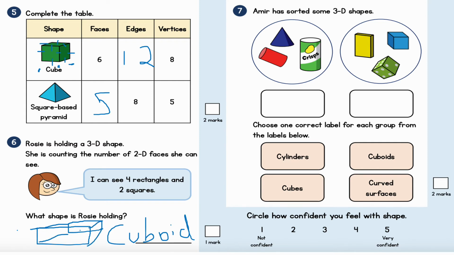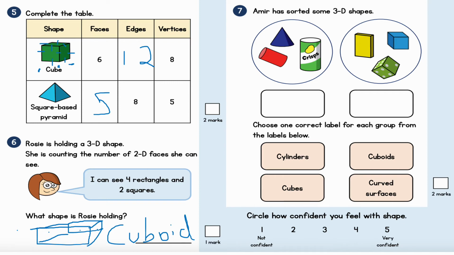Now it looks like a cuboid. So this part, or 2 parts of it, depending on how you're looking at it, will be a square. And it's got 4 rectangles.